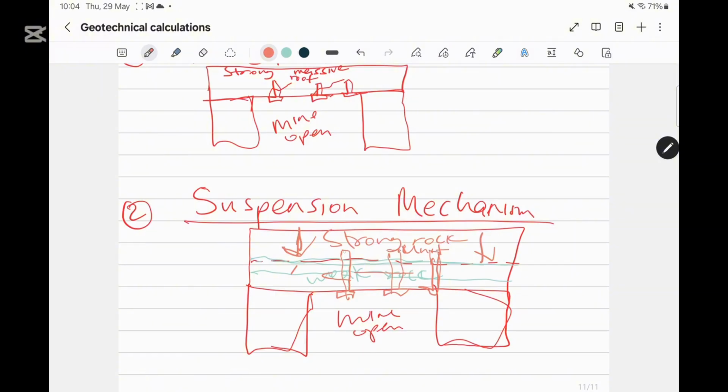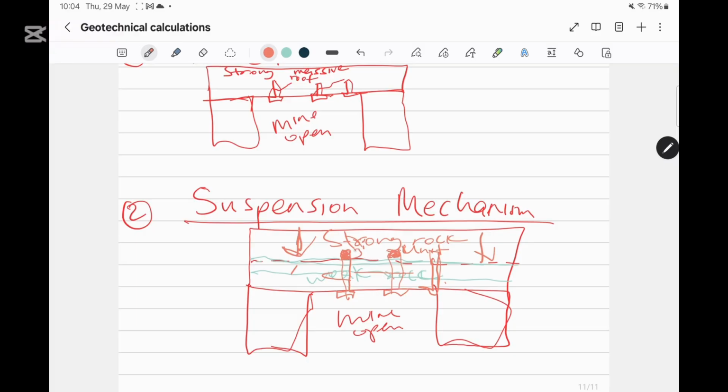But also the amount of the roof bolt that is inside the strong rock will determine if our support will be effective. We have to determine how much needs to be inside there. When more is inside that strong rock, the rock can suspend a lot more weight of the soft rock.